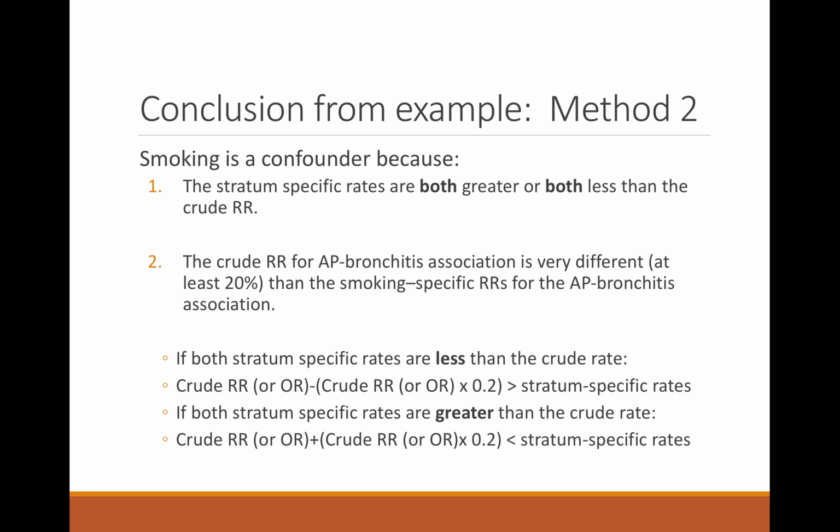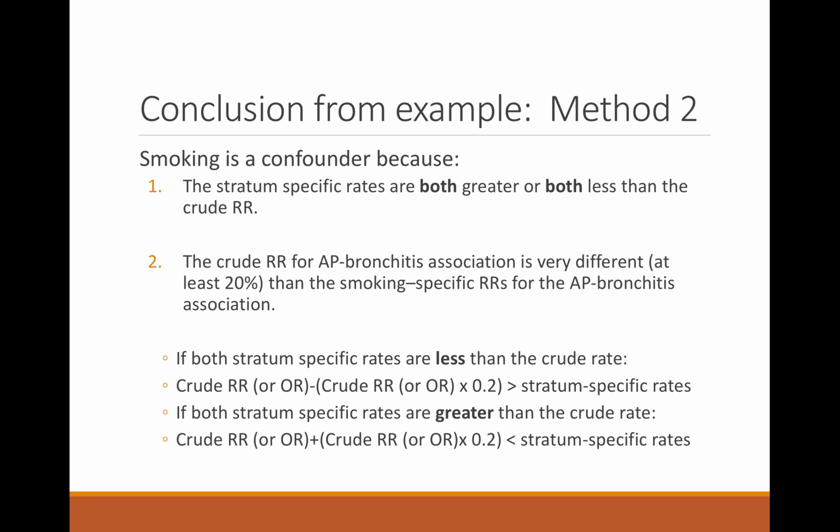And this is how you would calculate those to see if it's at least 20% different. Now I'll put in here that you could also use an odds ratio. Each of these examples that we've used has used relative risk, and I think we'll stay consistent with that and just use relative risk throughout the rest of class. But know that we can use an odds ratio as well to test association.